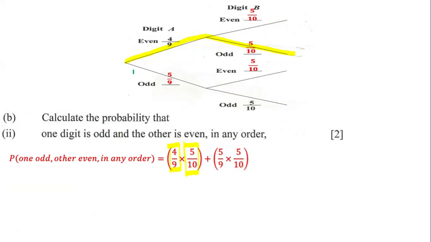We want the probability that A is odd, but B is even. So it's going to be 5/9 multiplied by 5/10.